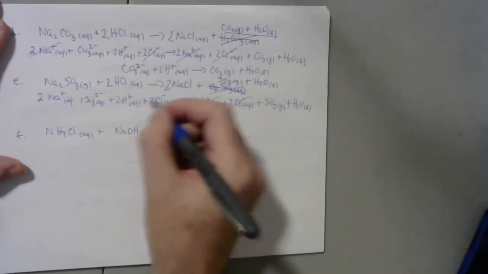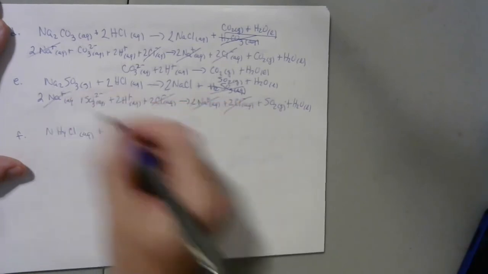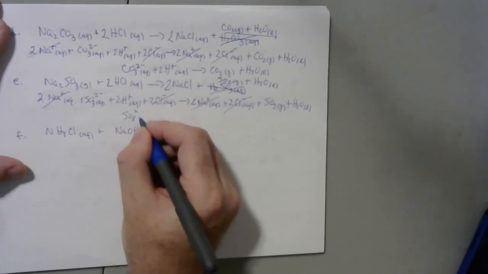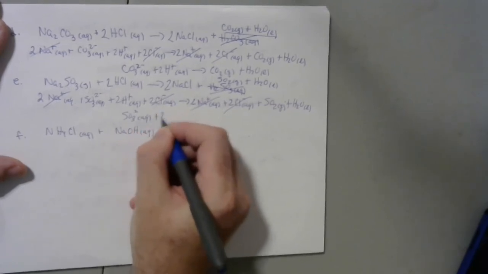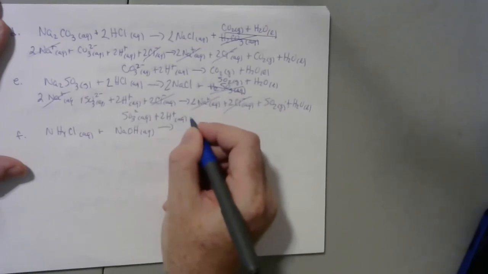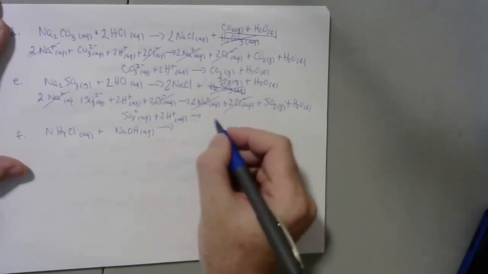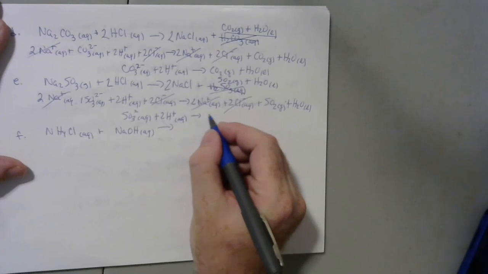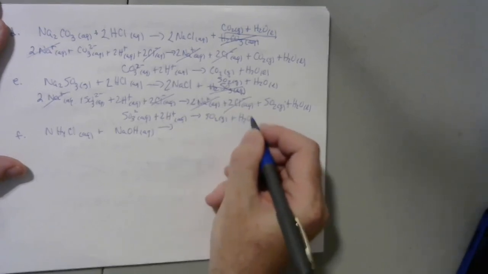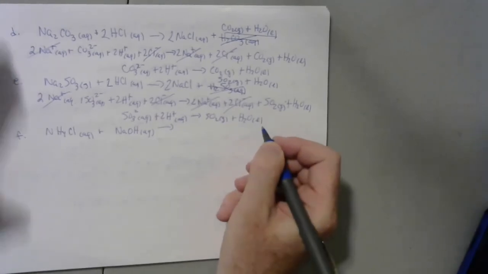Again, the sodium and the chloride cancel out. So we're left with sulfite, SO3 2- aqueous plus 2H+ aqueous forming SO2 gas plus H2O liquid.